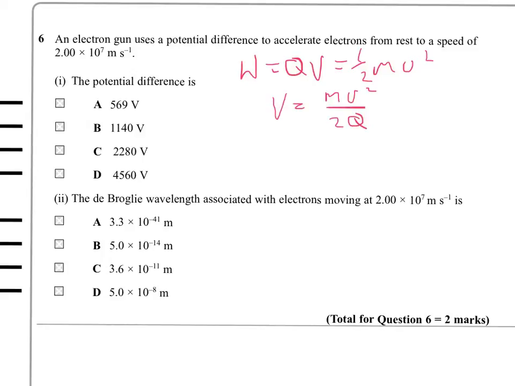So that will give us V of mv squared over 2Q, where Q is the charge of an electron and M is the mass of an electron from your formula sheet. So you would need to go and look those up in the formula sheet and put them through the calculator. Better to write them down. So I'm getting like 1137.